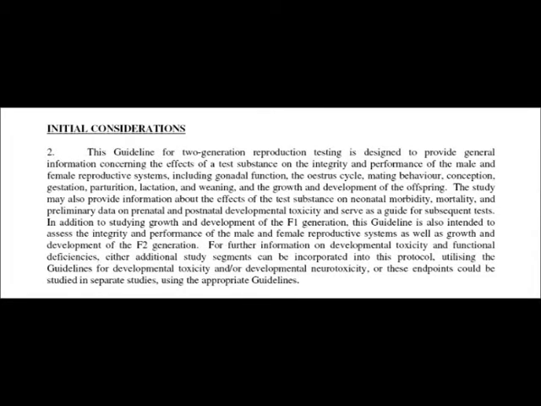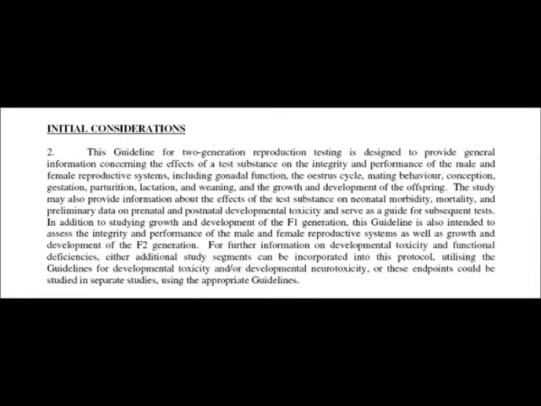It reads, this guideline for 2-generation reproductive testing is designed to provide general information concerning the effects of a test substance on the integrity and performance of the male and female reproductive systems, including gonadal function, estrous cycle, mating behavior, conception, gestation, parturition, which is about childbirth, lactation and weaning, and the growth and development of the offspring.